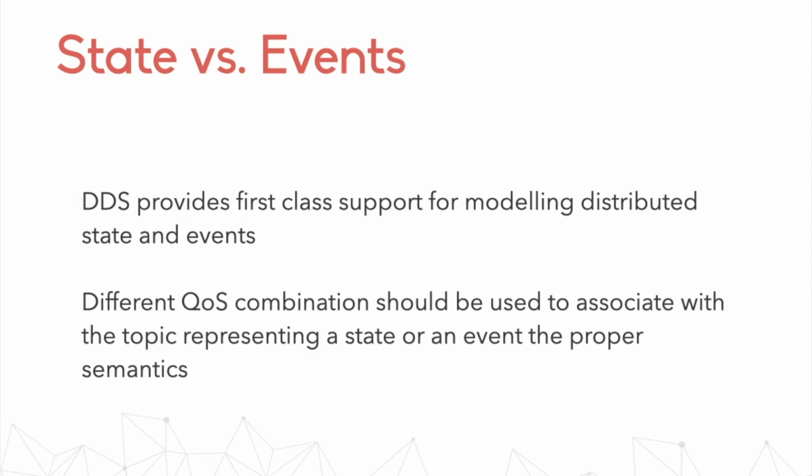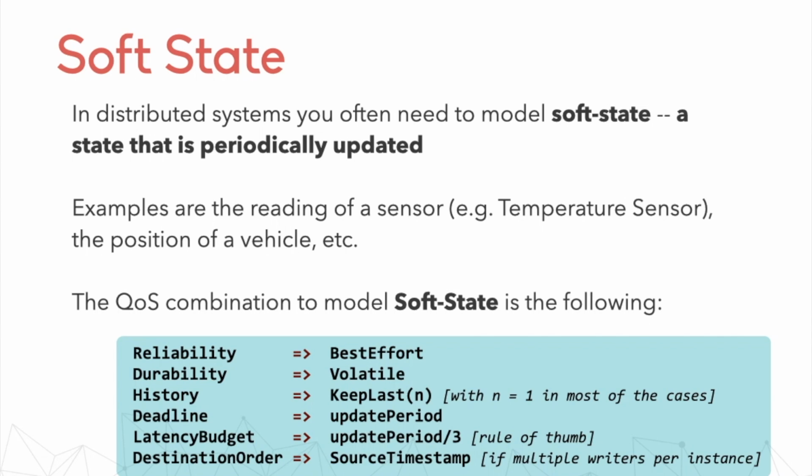So if I say the happening that the temperature is, let's say, greater than 25.5 degrees Celsius, that's a happening, that's an event, and it's true at a specific moment in time. So if you are able to understand what represents events and what represents state in your system, then you can use QoS to model them properly and capture the non-functional requirements that are necessary for these different kinds of data. Even between states, you can distinguish between soft state and hard state.